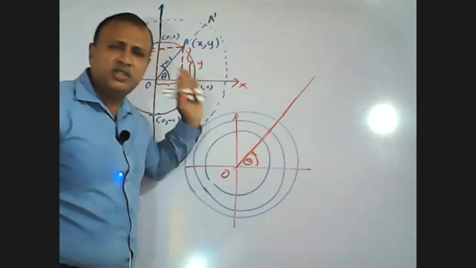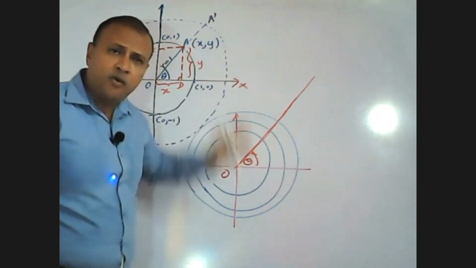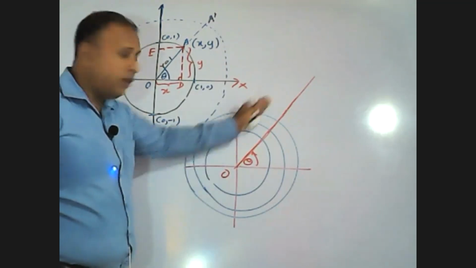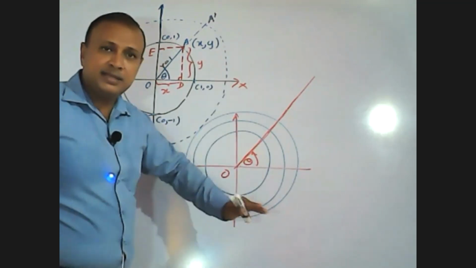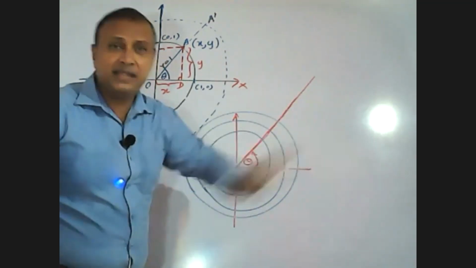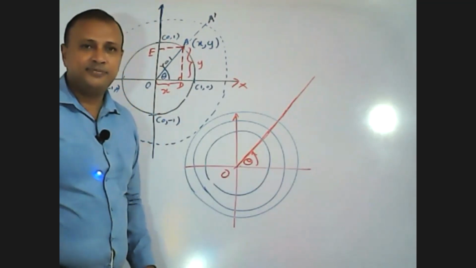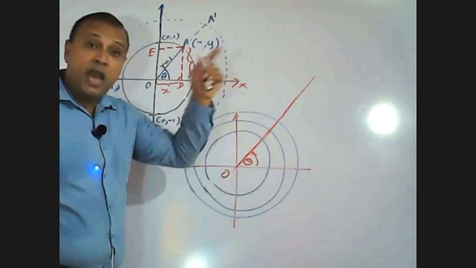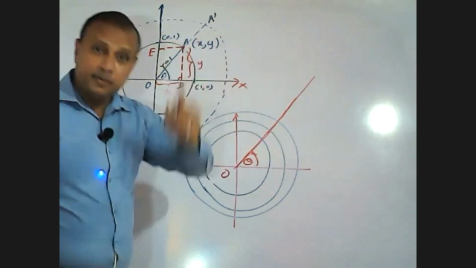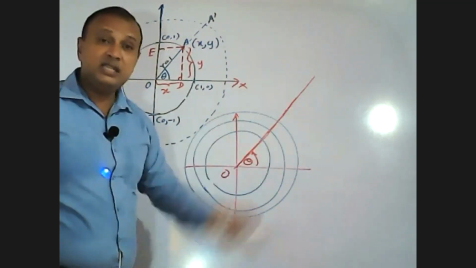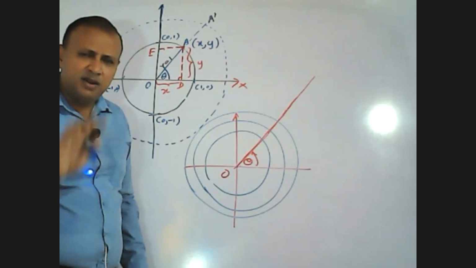The same definition: the projection of OA on the x-axis over the OA length, or radius. You have to use the radius of your circle instead of 1. That is the only difference.